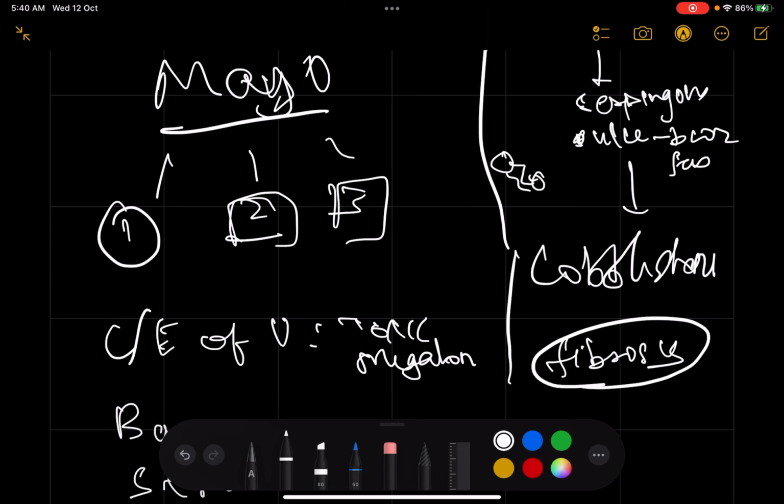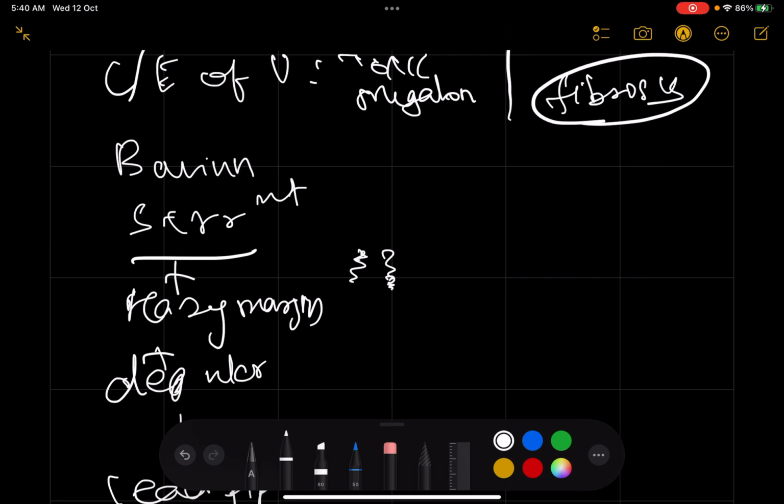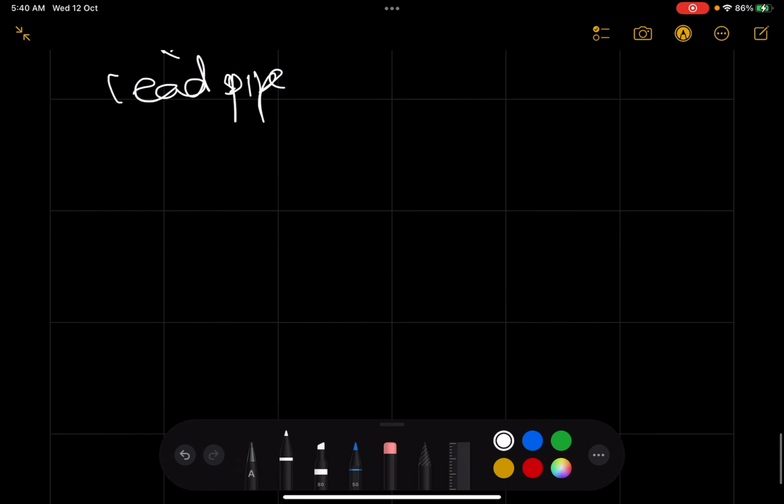Okay, what are the extraintestinal manifestations, if someone asks you? Well, it's simple. The extraintestinal manifestations are seen in both cases, but in some cases UC is more common compared to Crohn's. So let me just name a few where UC is particularly more common.